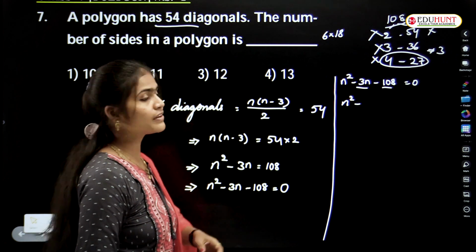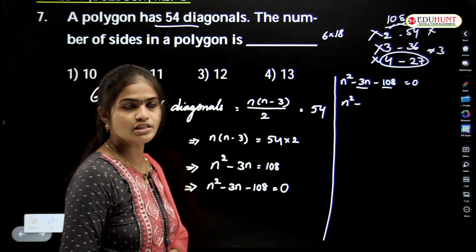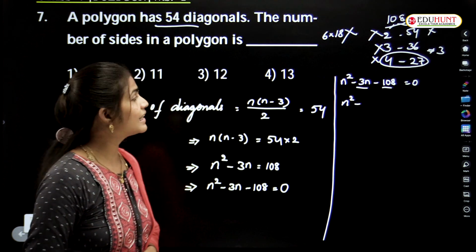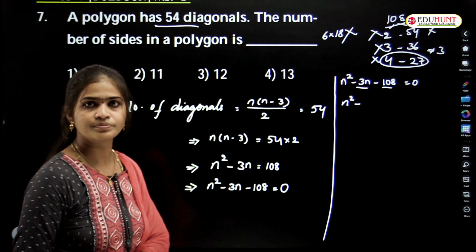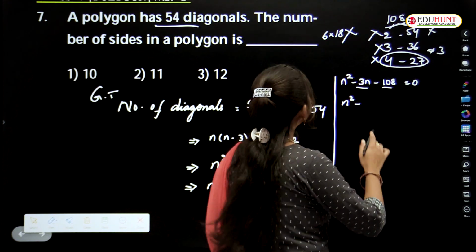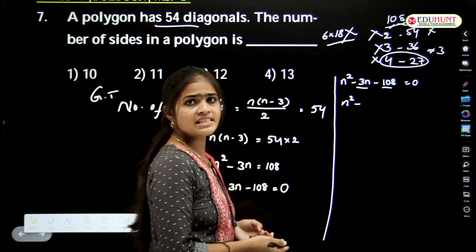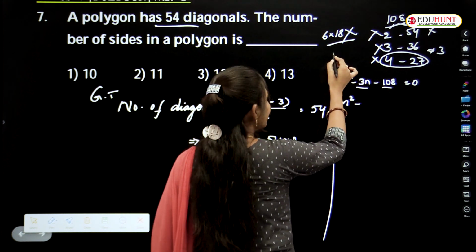The difference is equal to 12, not equal to 3. That's why this is also not possible. Let us see 7. In this way we can check any factors. So 6 into 18 is not possible. Let us check 7 and 8, that is also not possible. So go for 9.